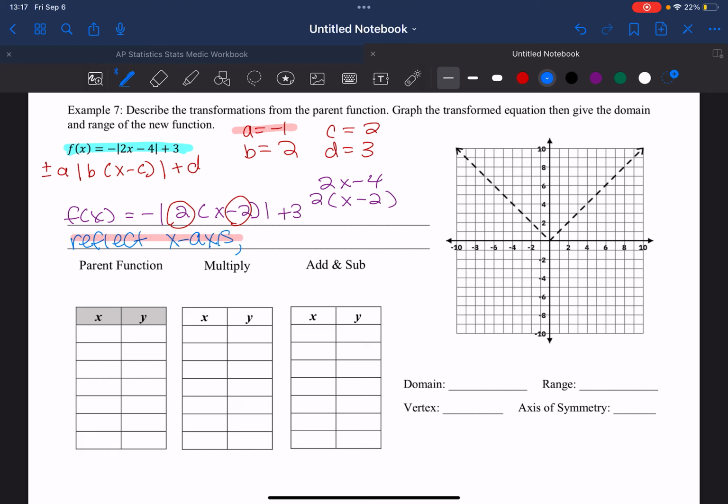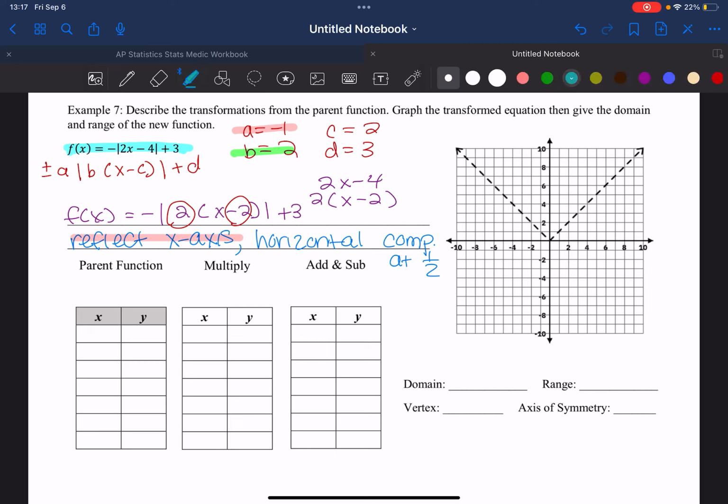For B equal to 2, that means it's greater than 1, so I'm going to have a horizontal compression at 1/2.